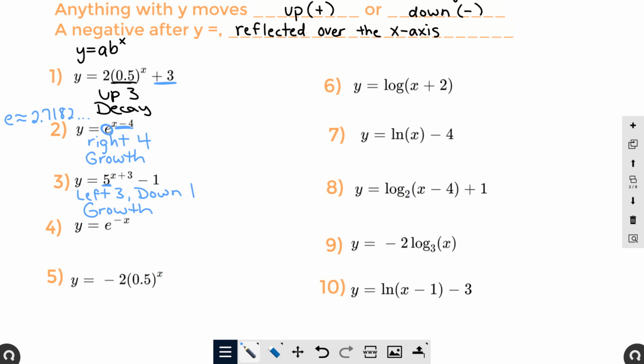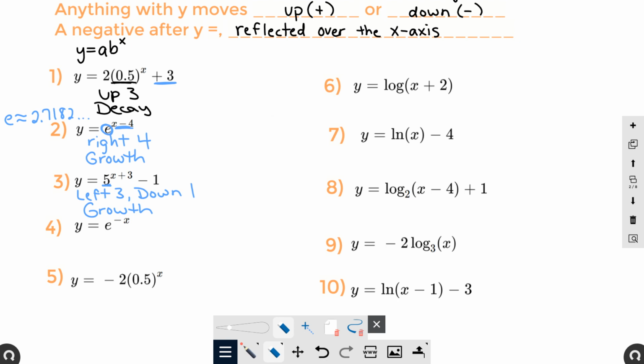Because imagine if you have, like, here's our x and y axis. If you have a growth, if something is reflected over the x-axis, then it becomes the opposite. So it's going to become a decay. That is now a decay problem. Yeah, because it is going down. It's decreasing. So it's a decay.